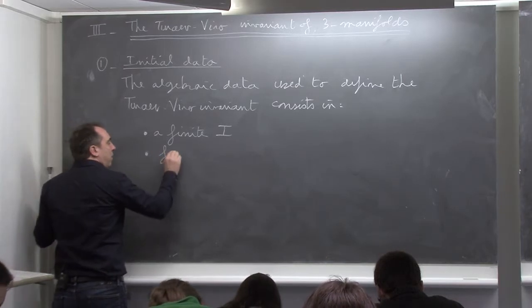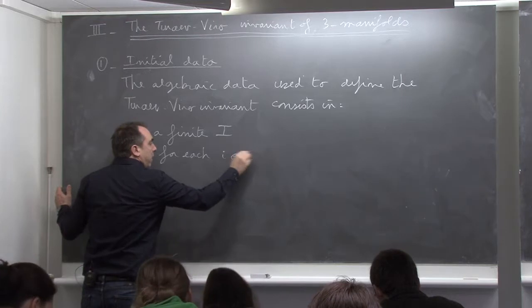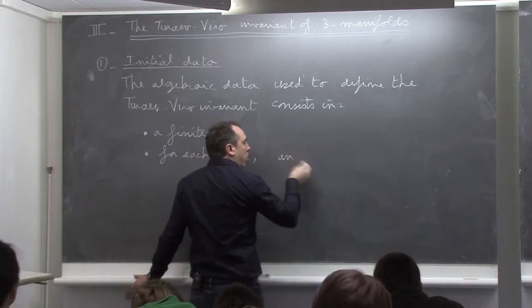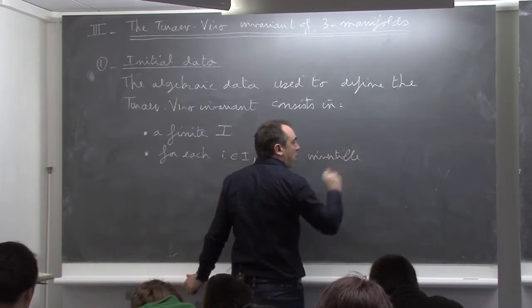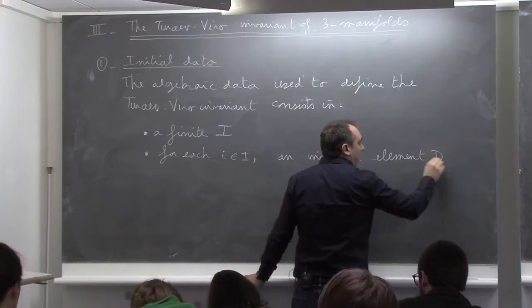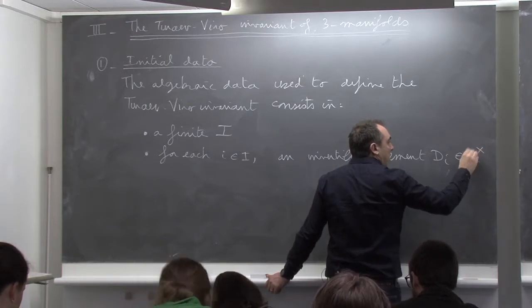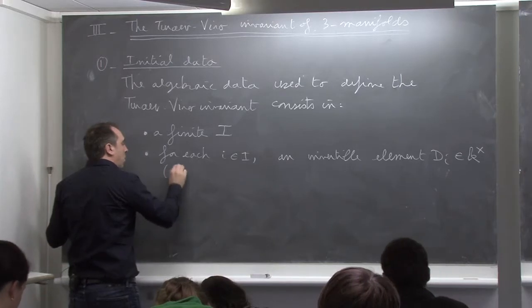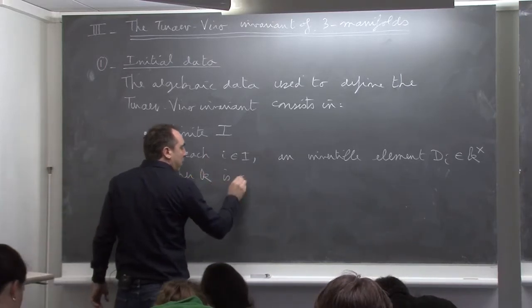Then for each element of this set, we consider an invertible element, let's call it di. And here K is a commutative ring.